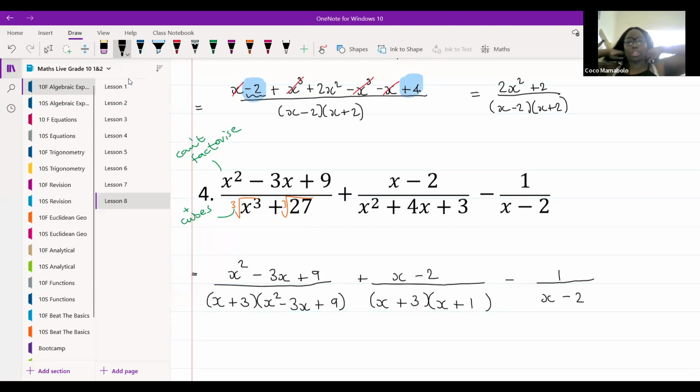Okay, before we continue, do we see anything in any fraction that we can cancel? Is there something on the top and the bottom that looks the same that we can cancel? I hope you guys can see it. Anybody?